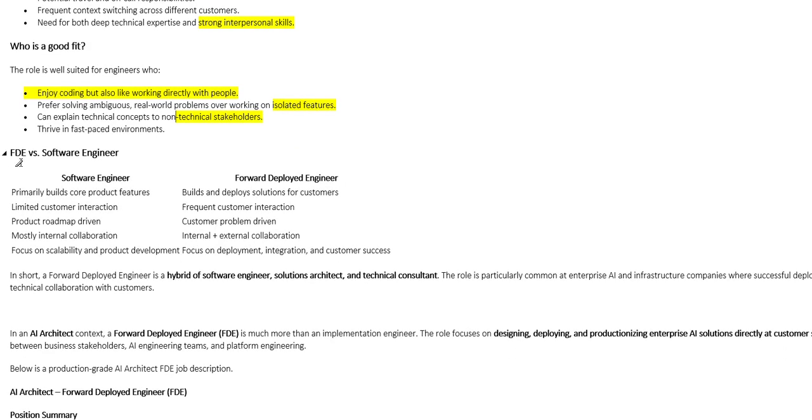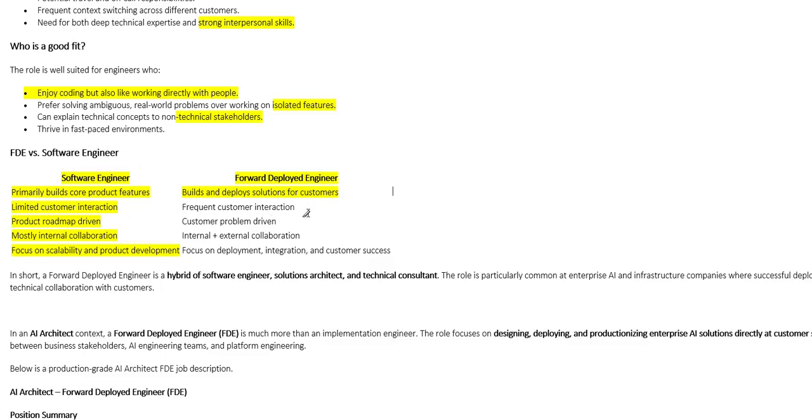And we see the difference between forward deployed engineer and software engineer. A software engineer primarily builds core product features, and a forward deployed engineer builds and deploys solutions for customers. So most of the time, the FDE focuses on customers and stakeholders, analysis and communication, whereas the software engineer has limited customer interaction.